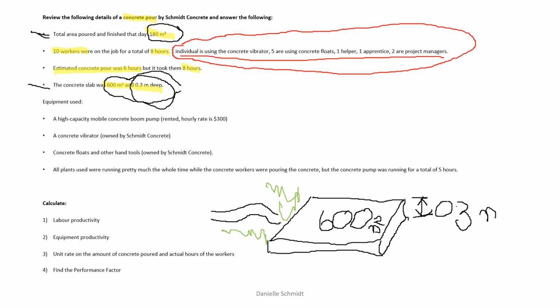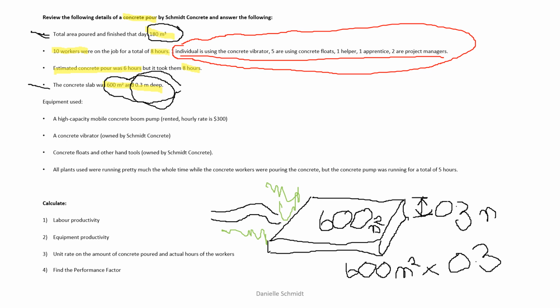Now, what do we get when we multiply 600 metres squared by 0.3 metres? So if we have 600 metres squared, which is the size of the top of the slab, times the depth, so we have the area on top times the depth of that same area.